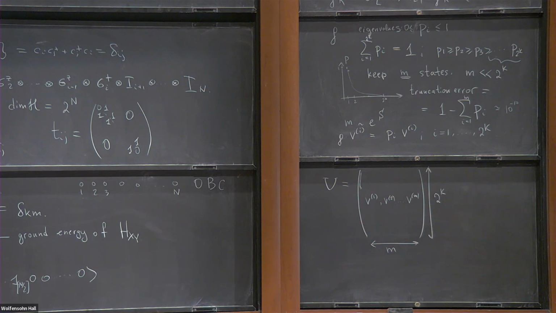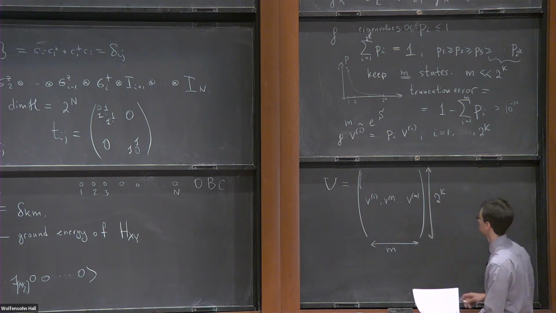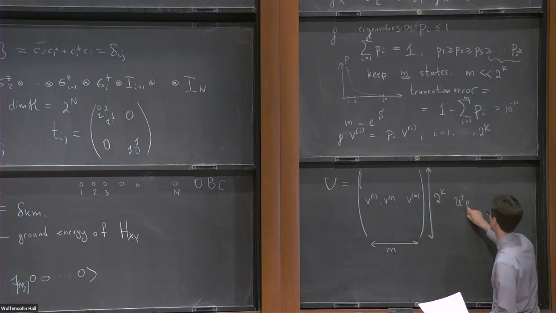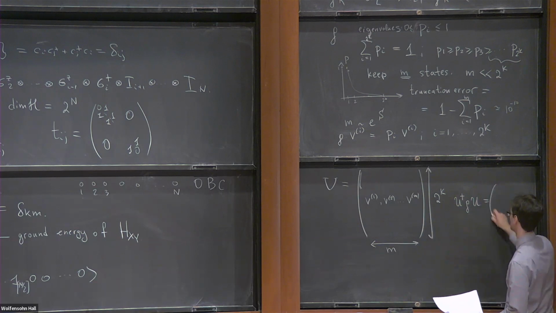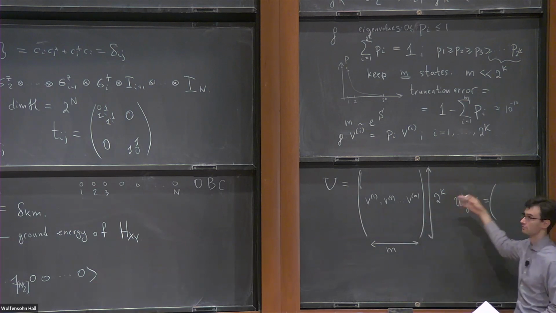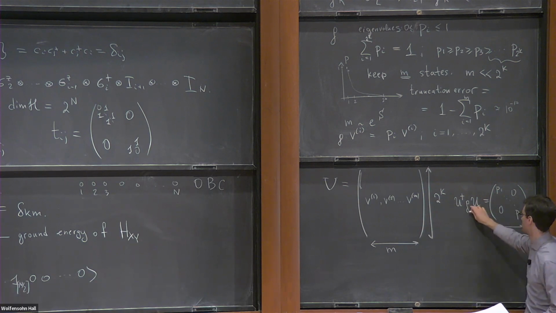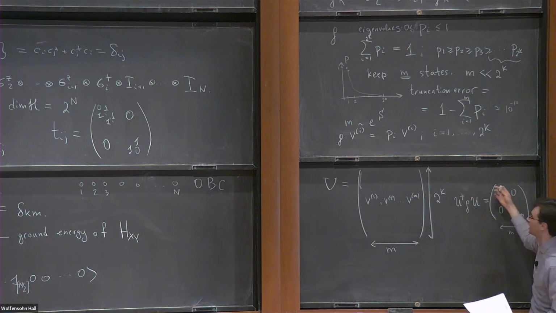So this is the rectangular matrix U. If I conjugate my density matrix, U dagger rho U, because it's a matrix of eigenvectors of my density matrix rho, I'm going to get a diagonal matrix with the highest probabilities P1 to Pm, which I keep, and 0 everywhere else. So if I conjugate my density matrix by this matrix U, I get an m by m diagonal matrix for the density matrix.